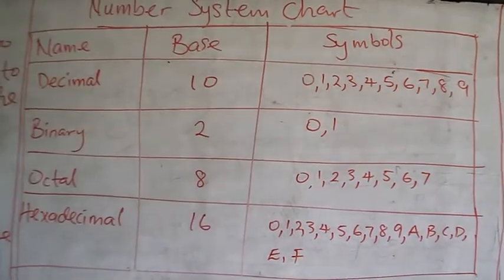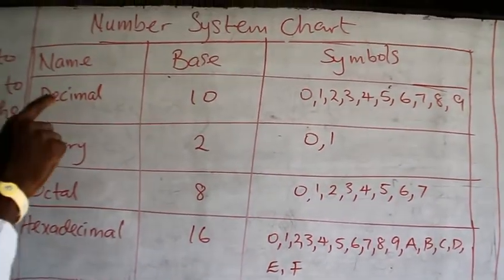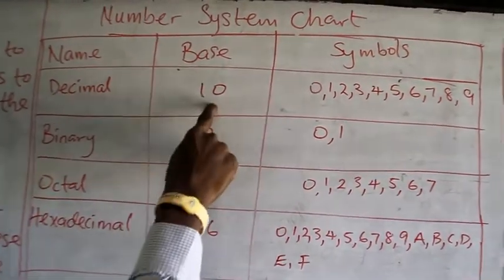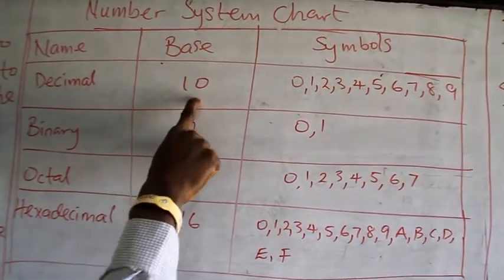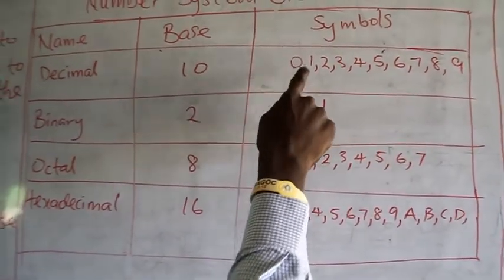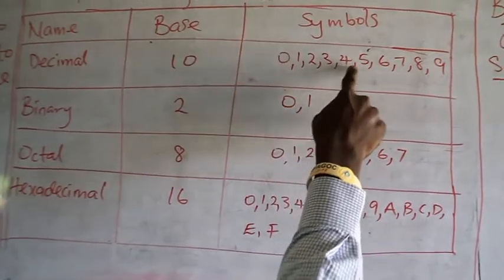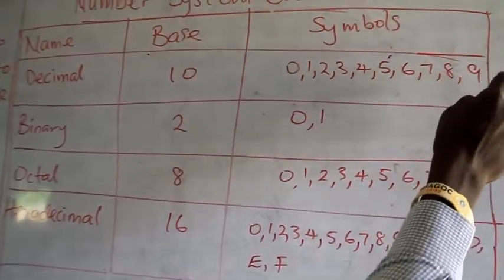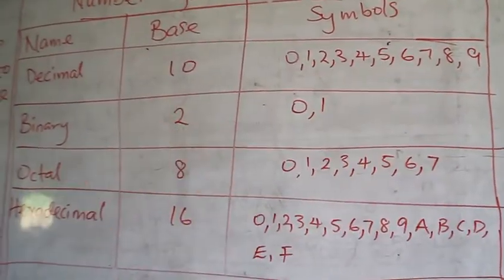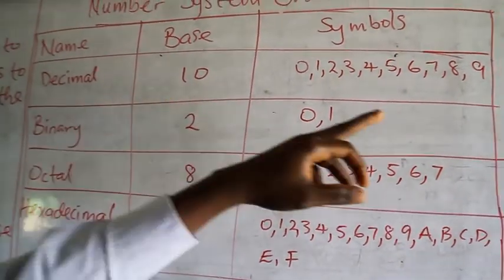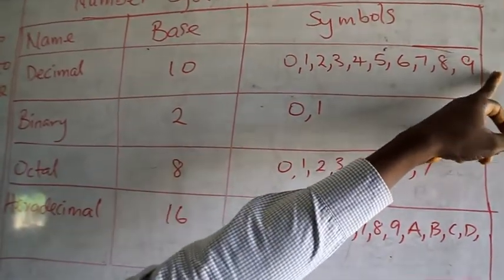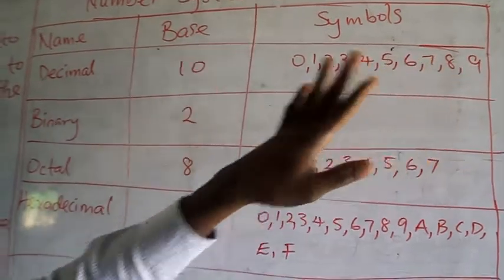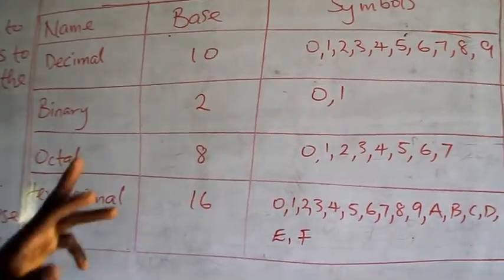The symbols are their digits, the number of digits they have. The first one is decimal. Decimal has 10 digits, and those 10 digits range from 0 to 9, which are 0, 1, 2, 3, 4, 5, 6, 7, 8, and 9. In base 10, we cannot get the number 10 there, because it only has 10 digits from 0 to 9.